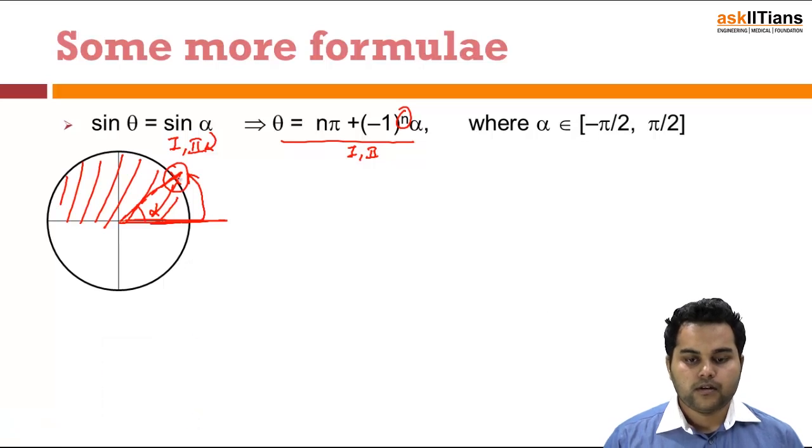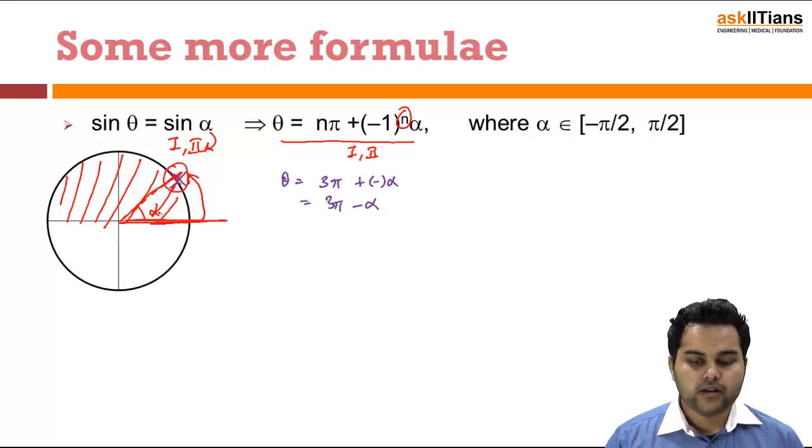Now if I take an odd value, let theta be 3 pi, so 3 pi plus minus 1 raised to 3, which is minus 1, times alpha, that would be 3 pi minus alpha. Now to plot 3 pi, I would start from 0, that is 2 pi, first circle complete, then one more pi, so now I have reached 3 pi.